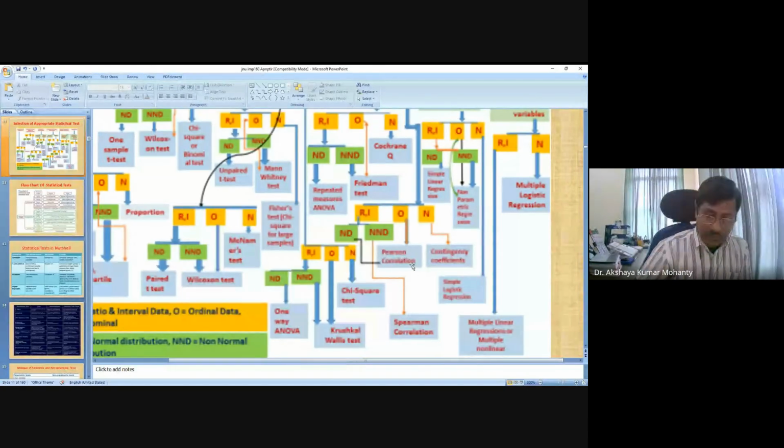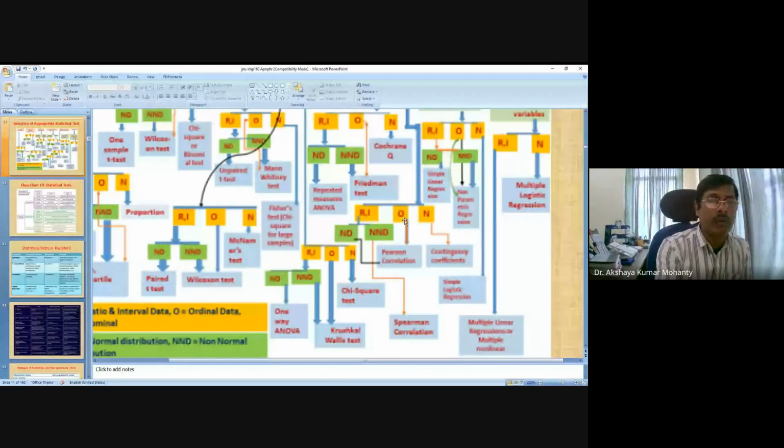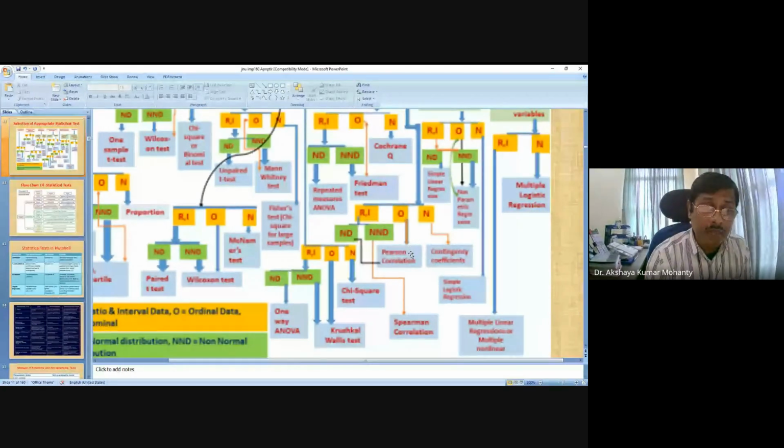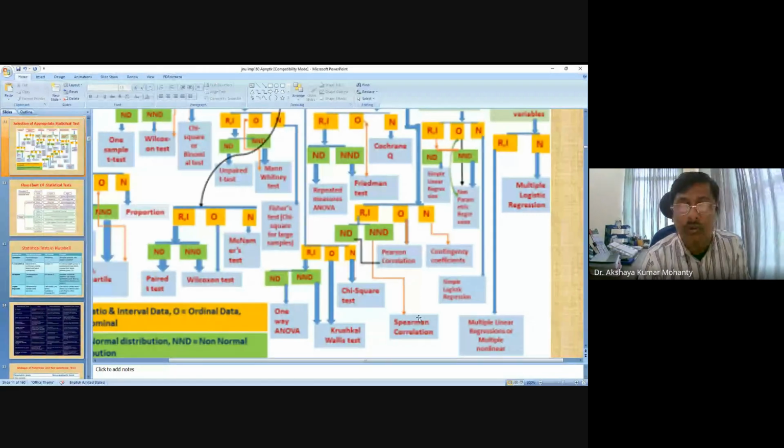Sometimes, though the data is ordinal, we put it in the form of numbers, either converting it into interval or into ratio. If it is converted that way, mind it, then Pearson correlation coefficient can be possible. Or else, in the layman way, if data is ordinal, we should not prefer this one. We should prefer Spearman's correlation coefficient.